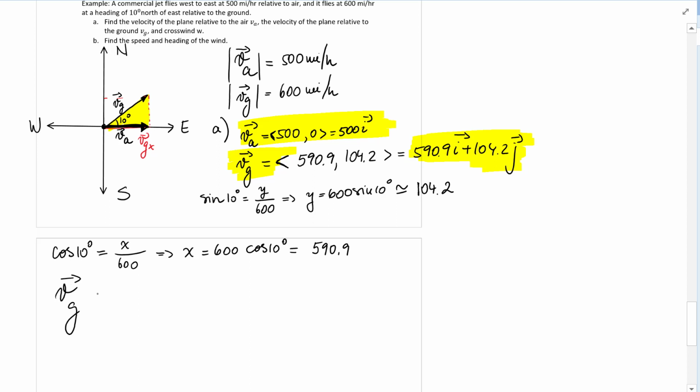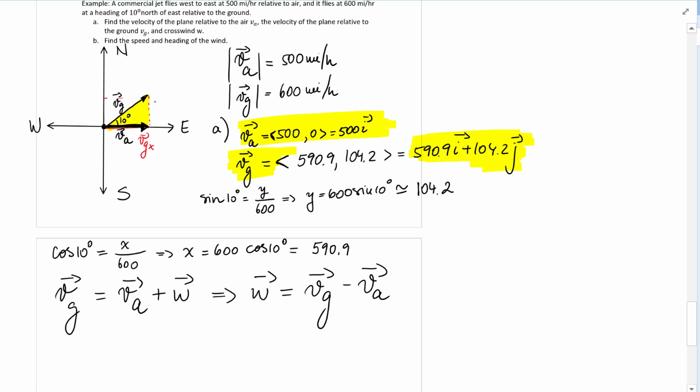We know that VG, the velocity relative to the ground, is VA plus W. So W is VG minus VA.